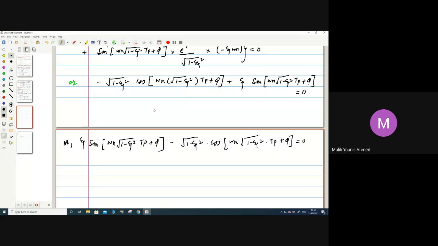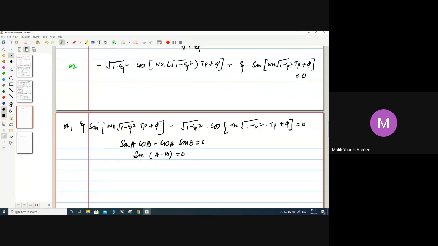Why am I going to do this? I'm going to make sine A cos B minus cos A sine B. That expression is equivalent to sine of A minus B. I'm trying to make it like this.